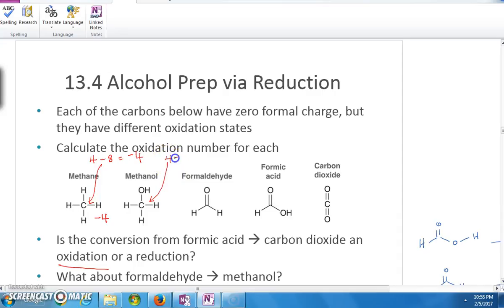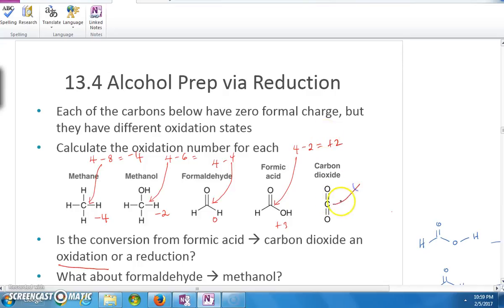So this is 4 minus 6, and that is -2. If you look at this one here, it's 4 minus 4, so it's going to be 0. Now this carbon here, it's 4 minus 1, and that is +3. I'm sorry, the oxidation number here is +2, not +3, because the 2 electrons come from there, so it's going to be +2.